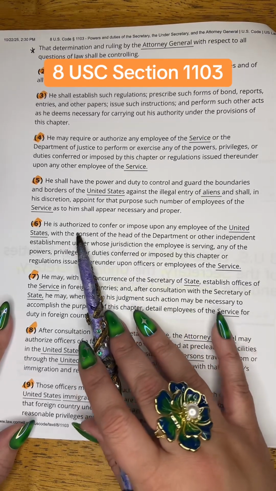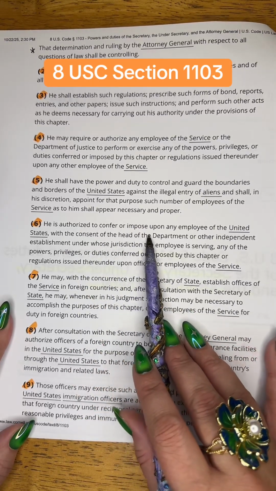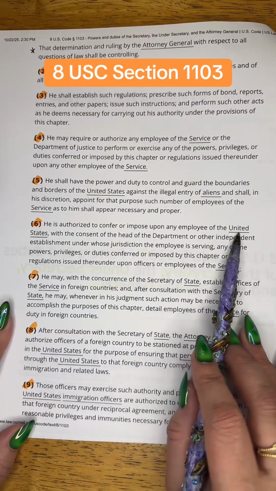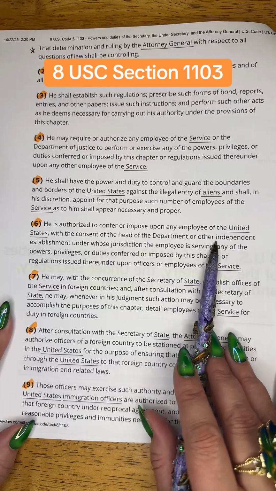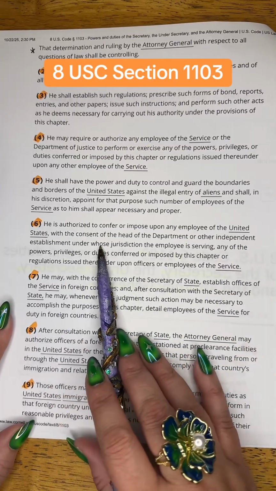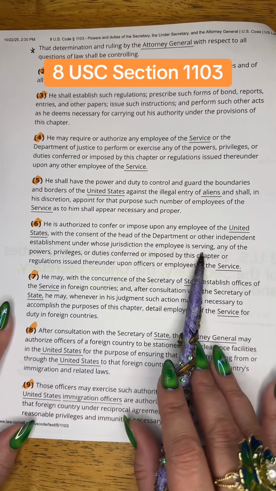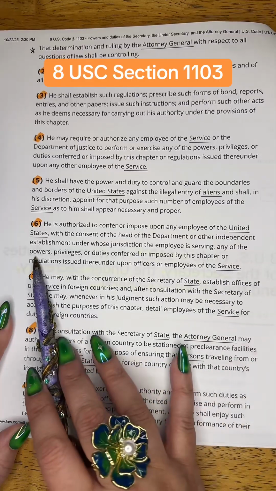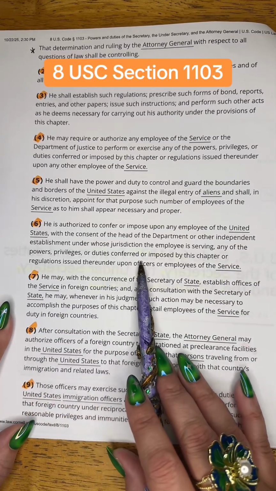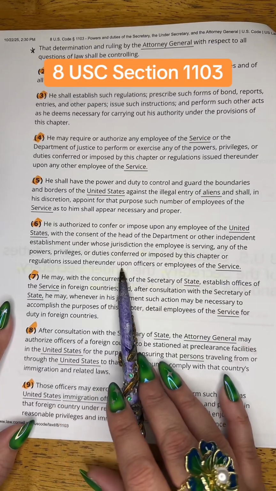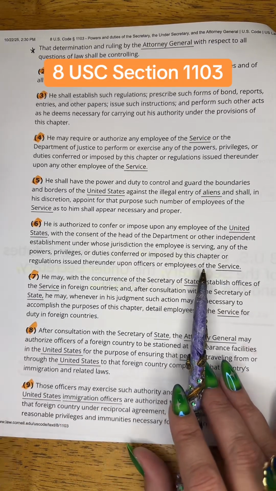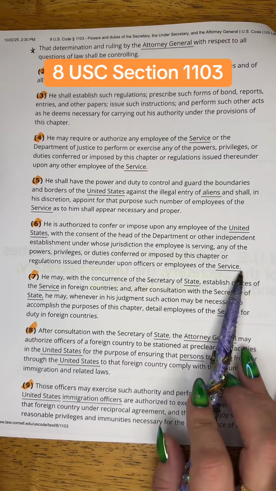Number 6, he's authorized to confer or impose upon any employee of the United States, with the consent of the head of the department or other independent establishment under whose jurisdiction the employee is serving, any of the powers, privileges, or duties conferred or imposed by this chapter or regulations issued thereunder upon officers or employees of the service.